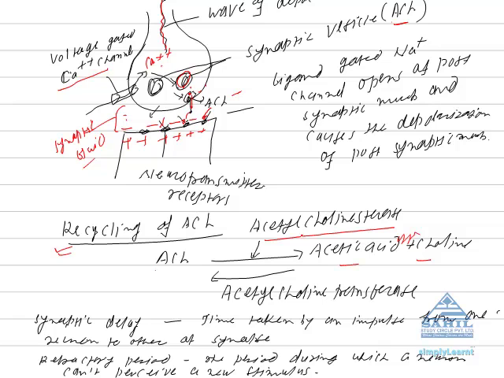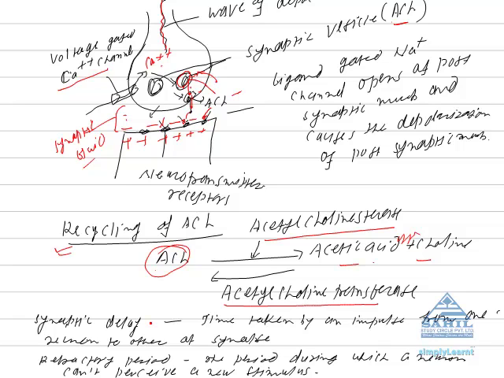When this enzyme acts on acetylcholine, it is broken into its constituents, acetic acid and choline. Now when such constituents enter the axon membrane, the axon contains another enzyme, acetylcholine transferase enzyme. It leads to regeneration of the acetylcholine molecule.